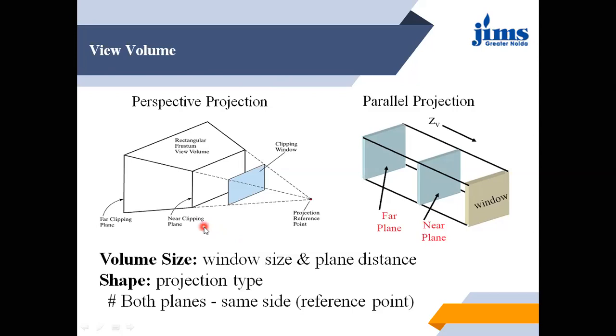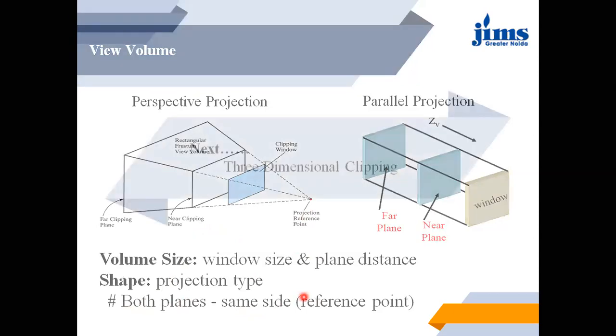But one more thing we have to keep in mind is that both the planes should be on the same side of the reference point. This is the main important point to remember about view volume.